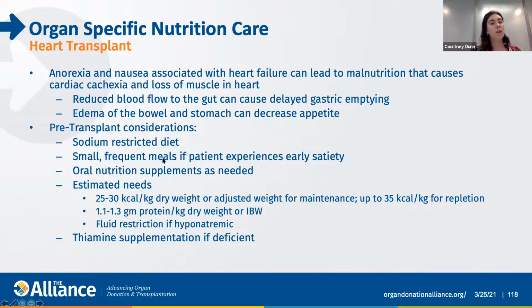We want to make sure these patients are maintained on a sodium-restricted diet pre-transplant to help with the management of any edema, and also the use of small, frequent meals can be utilized for patients with early satiety. We also want to make sure patients are maintained on a fluid restriction if they are hyponatremic. And if the patient is thiamine deficient, we want to make sure we're repleting thiamine, as low thiamine levels could lead to low cardiac output.